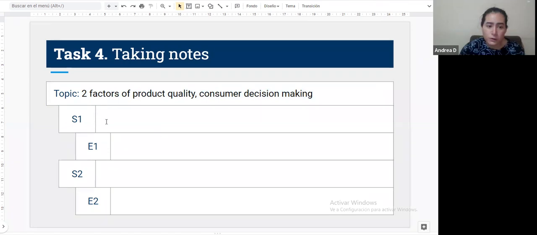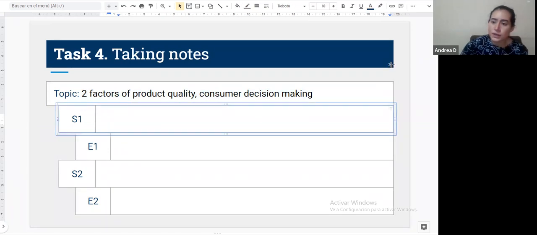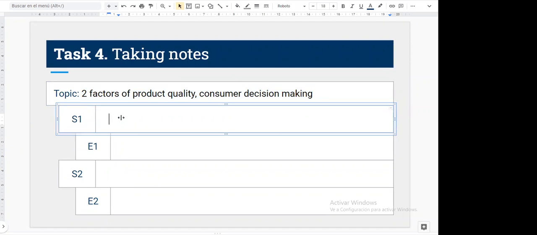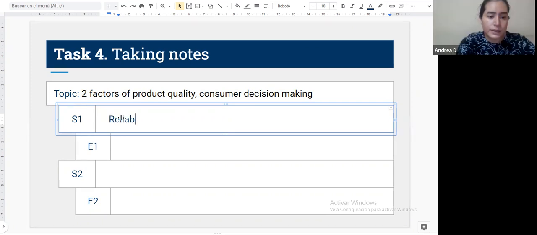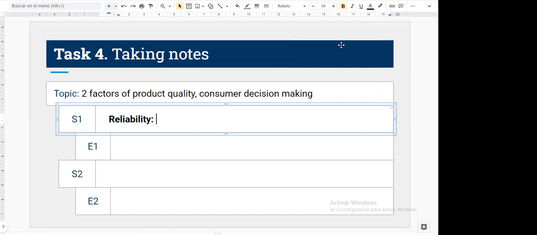Okay, good. Now let's talk about what you understood from the lecture. So can anyone tell me the first subtopic? What was the first subtopic that we had? Reliability. Good, reliability. You see how it's a specific term? So it's really important to catch that term. Now, did we have any definitions for reliability? What is it? It is when something works the way we expect it to work.